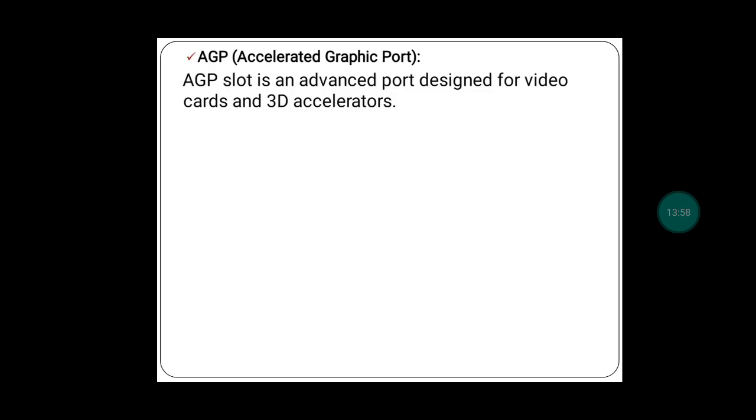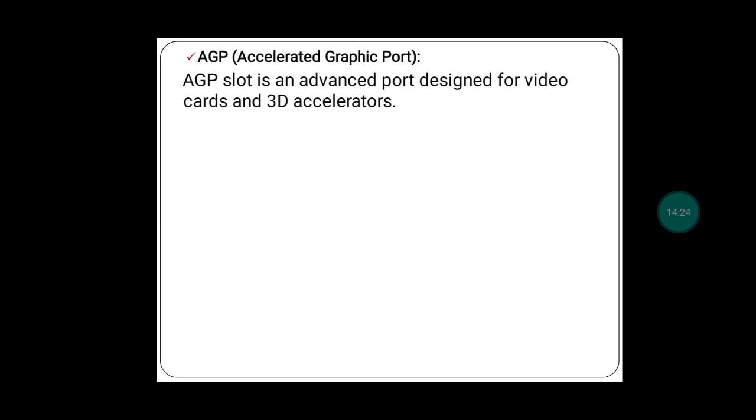Now moving on to the next slot, that is AGP. AGP, as the name suggests, is Accelerated Graphics Port, and this slot is an advanced port designed for video cards and 3D accelerators. On the computer system you play videos, you play games, you see 3D pictures and all, right?